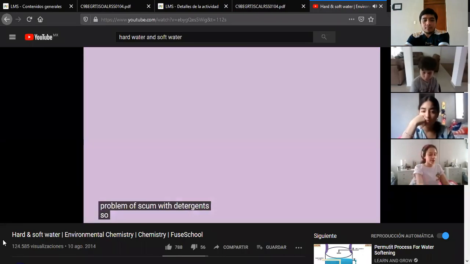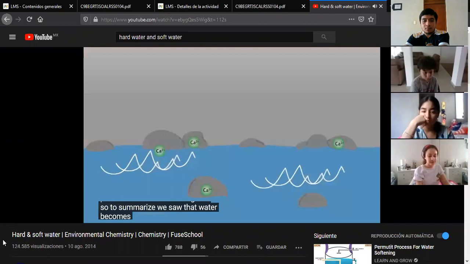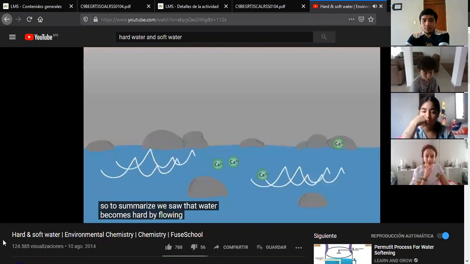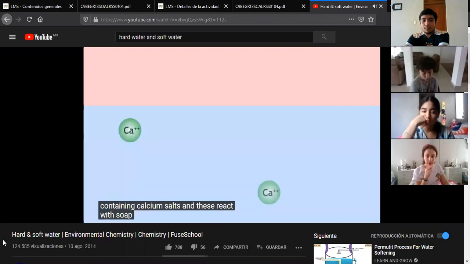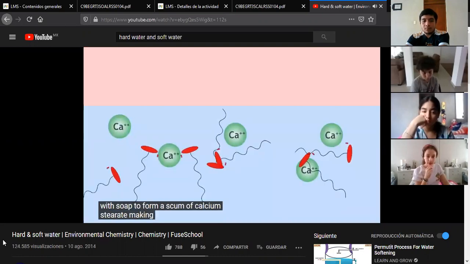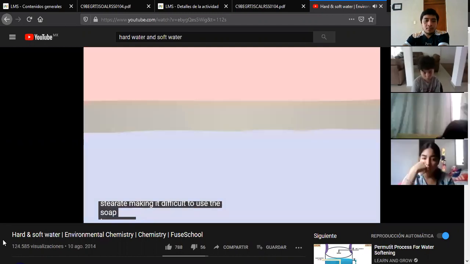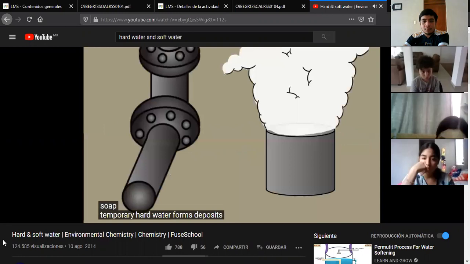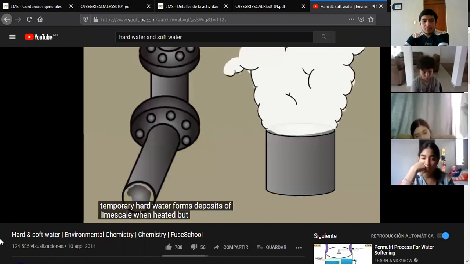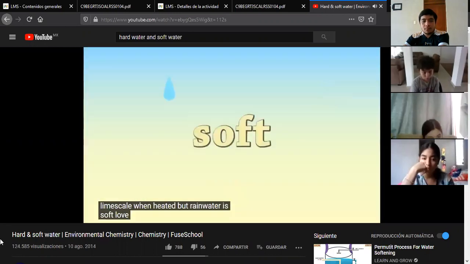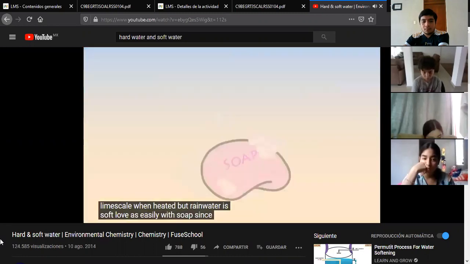So to summarize, we saw that water becomes hard by flowing through rocks containing calcium salts, and these react with soap to form a scum of calcium stearate, making it difficult to use the soap. Temporary hard water forms deposits of limescale when heated, but rainwater is soft, lathers easily with soap since it's free of dissolved salts.